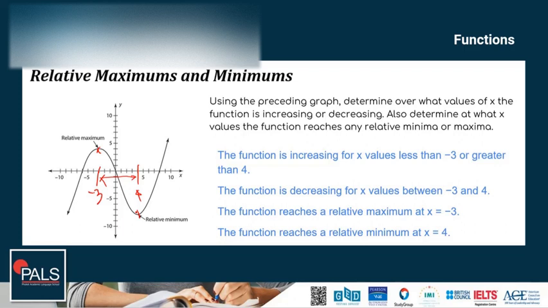When we say maximum, it is the highest peak or curve of the graph, and when we say minimum, it is the lowest point of the graph. So that is relative maximums and minimums. From that graph, we can also identify whether the values of the function are increasing or decreasing at certain points.